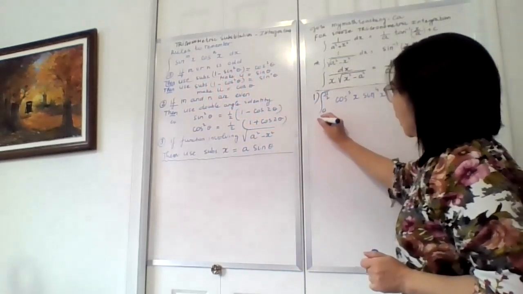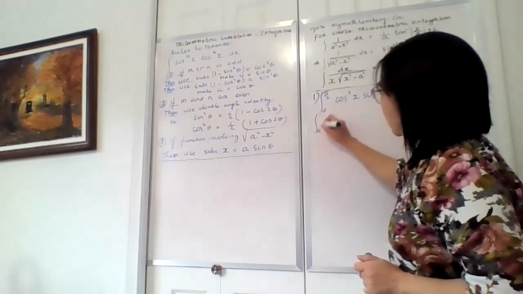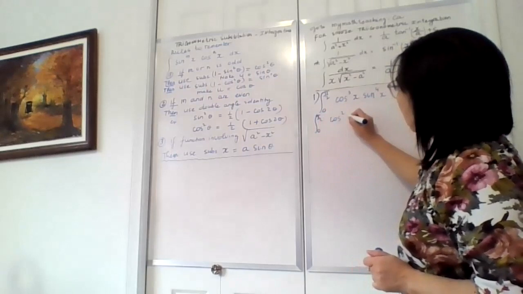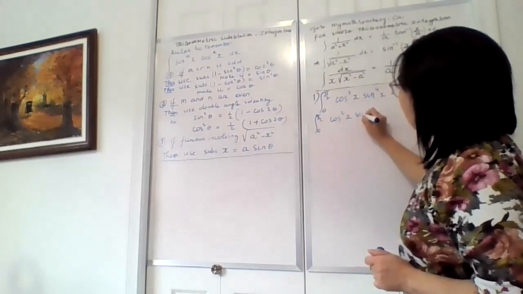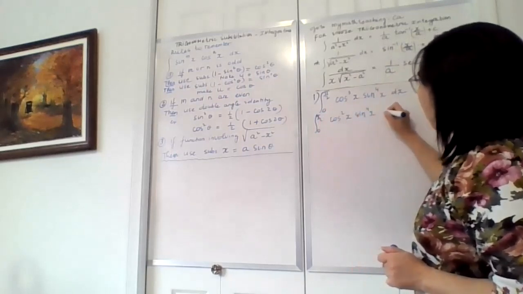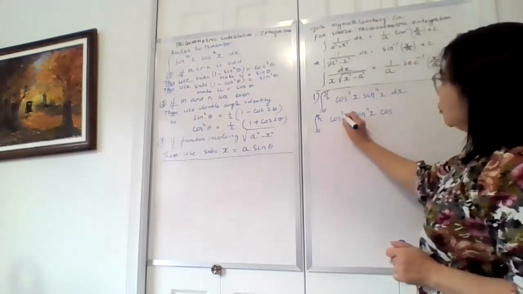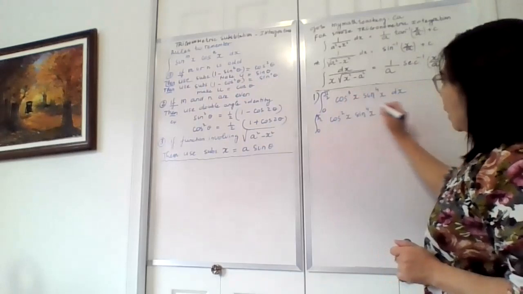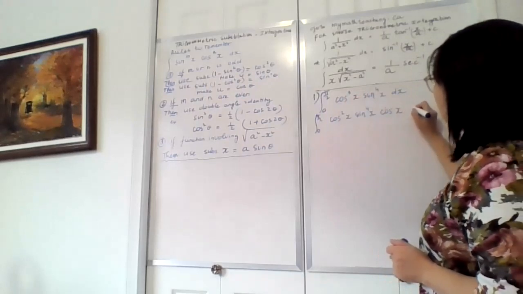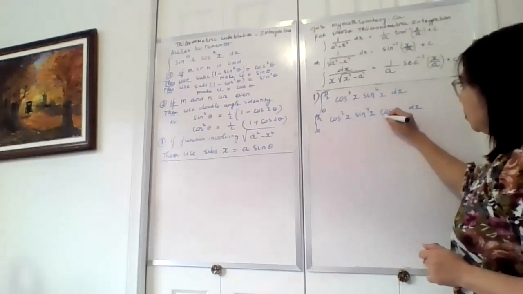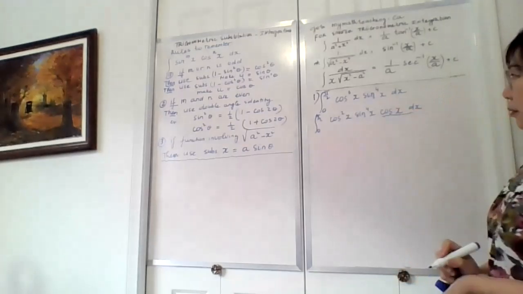So before I do that, I'm going to split this to become cos square x times sine to the power 4 x times cos. If I take 2 from here, then I have 1 left, right? Power 1 dx. Now the reason is because I want this to be together.